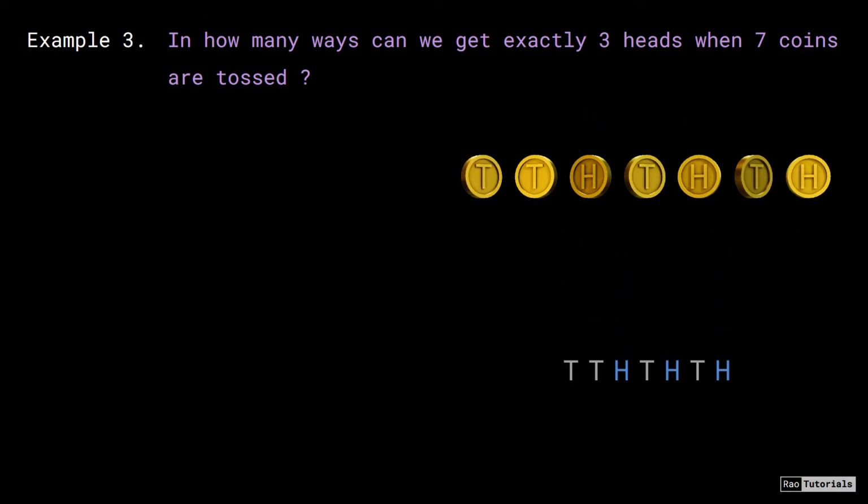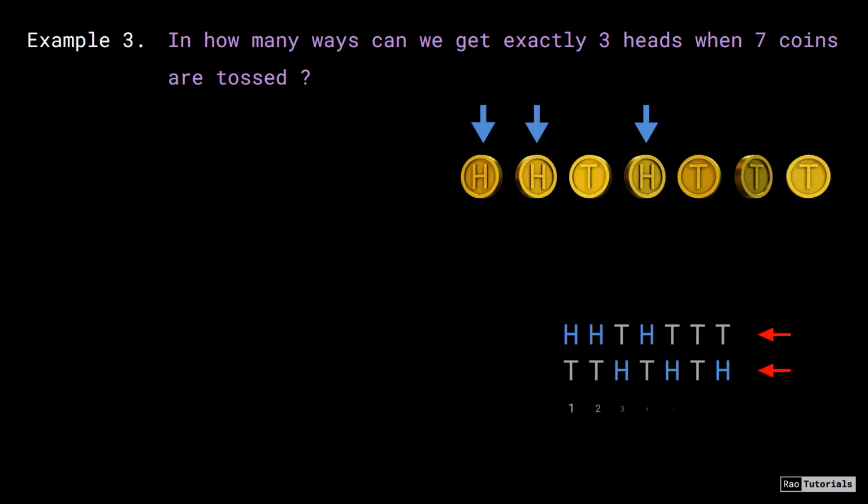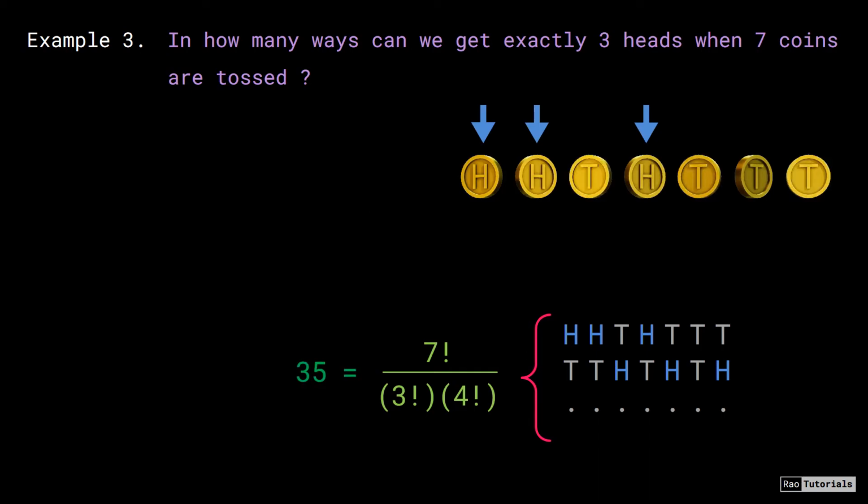Or we can have these 3 coins show head while the other 4 coins show tail. So in a way we are arranging 7 things, of which there are 3 identical heads and 4 identical tails. And the total number of such arrangements is 7 factorial by 3 factorial times 4 factorial, which calculates to 35. So 7 coins can show exactly 3 heads in 35 different ways.